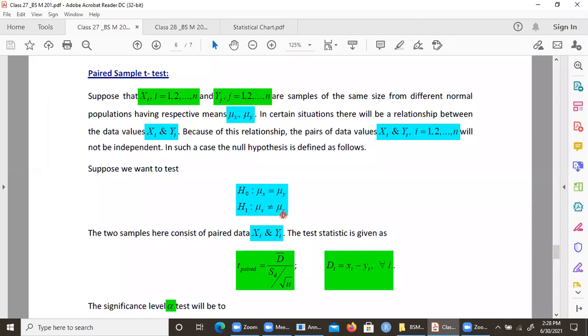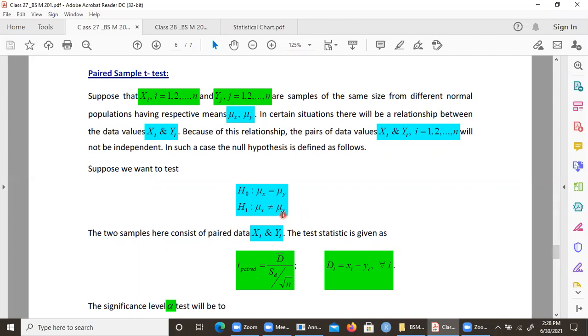I want to find out some sort of connection between the pre-test samples and the post-test samples. On the basis of that, I am playing with two samples, but not in that respect which I earlier discussed, not separately selected from two different populations.